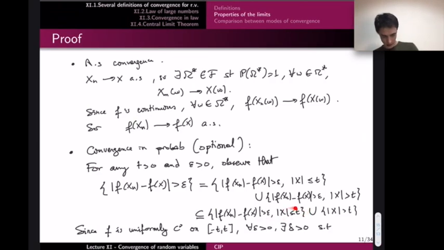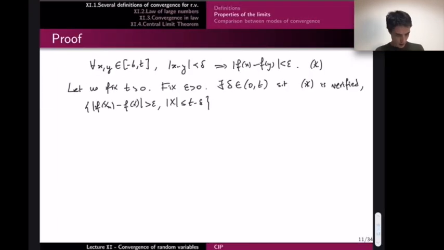So I'm considering this part and I'm seeing what happens here. This is included in, so consider this. If f is uniformly continuous, and say this is greater than epsilon. Here maybe I need to put less or equal to be fine.